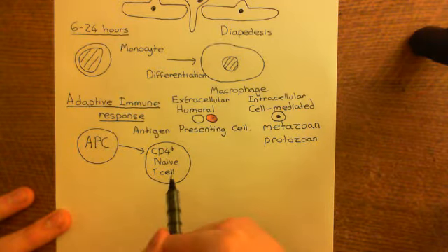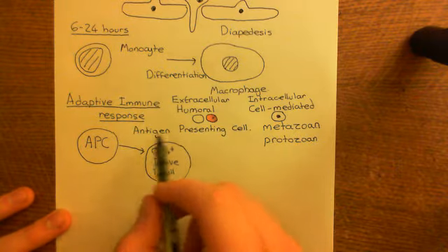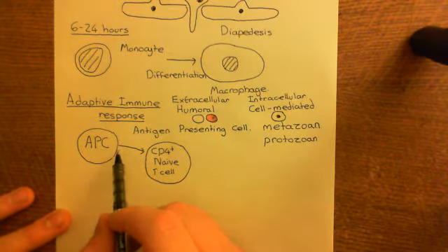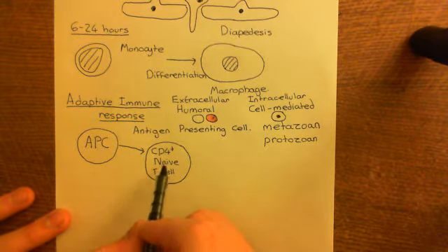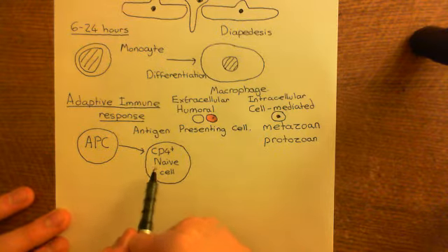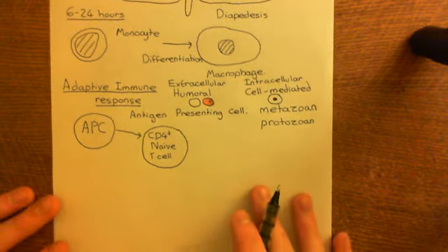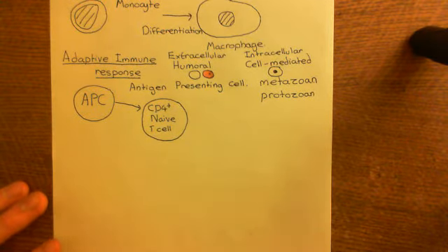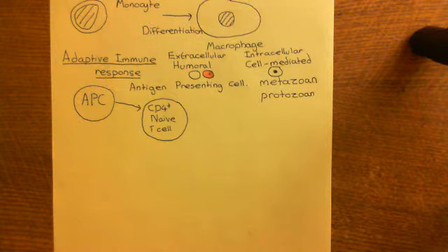The antigen-presenting cell is going to search and search and search for a CD4 positive naive T cell which is specifically targeted for a certain antigen. It's actually presenting a fragment of the antigen to this CD4 positive naive T cell, trying to find a CD4 positive naive T cell that's specific against that antigen fragment.